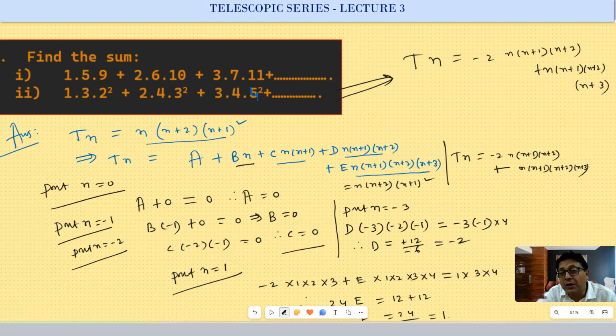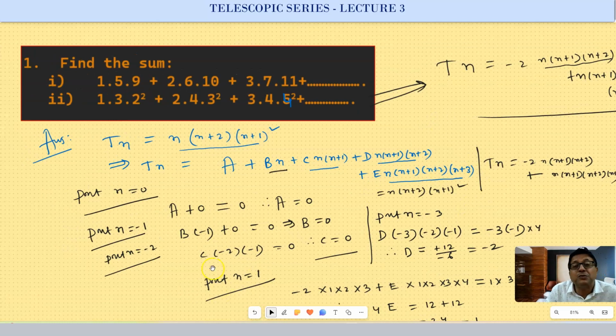This is your task to find this sum now, because by the previous method you can express it in the form un plus 1 minus un, and this one also, because the product of 4 consecutive terms is there, we can easily do it, isn't it? And then find the sum, just the sum of these n terms and the sum of these n terms. Okay, so I'm not going to do it now.